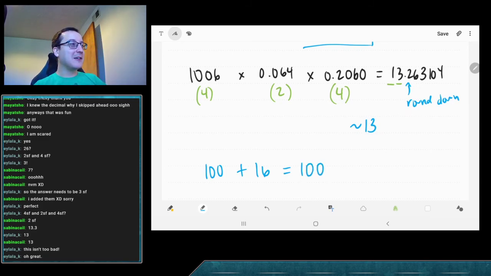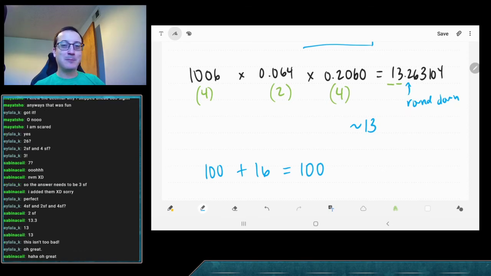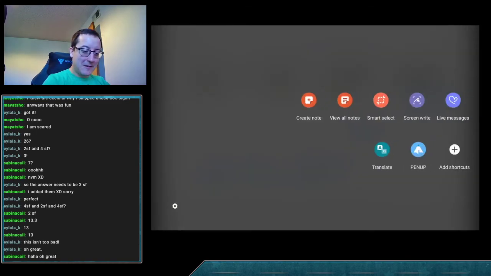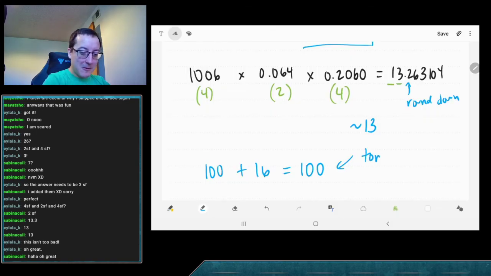This tends to completely mess up students who are taking math at the same time. So we're going to see tomorrow why 100 plus 16 is just 100. So that'll be fun for tomorrow.